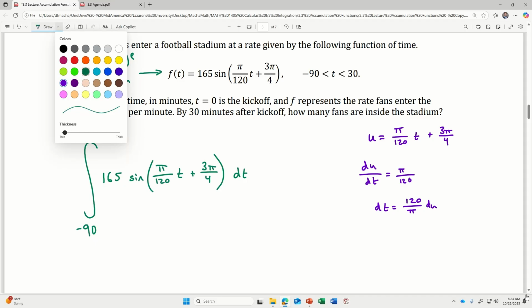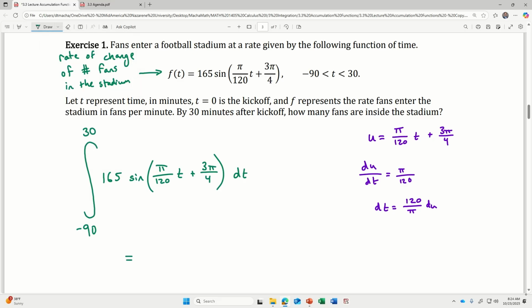Go ahead and rewrite this integral as 165 times 120 divided by pi times the integral from negative 90 up to 30 of sine of u du. Wait, do we need to get the new bounds? Yes, you're right, thank you. I forget that literally 50% of the time. It's such an easy mistake to make.